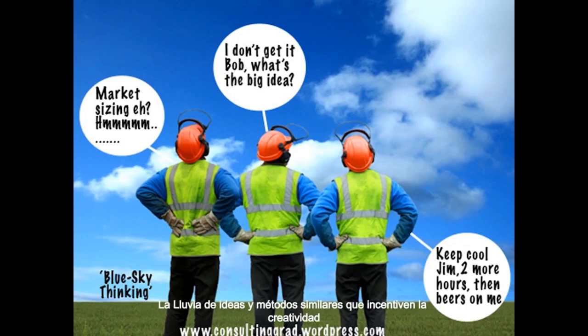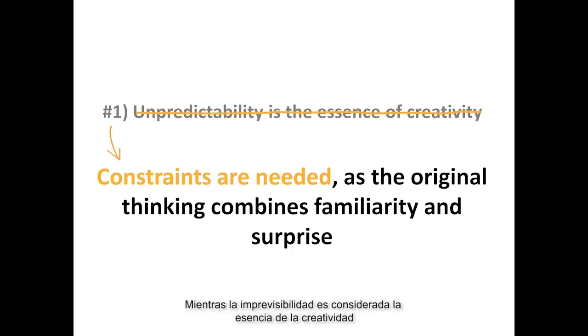Brainstorming and similar methods for encouraging creativity invest greatly in deferring judgment and accepting all ideas. You may have been exposed to this as part of your professional training. However, there are various advantages to constraining the thinking process. While unpredictability is considered to be the essence of creativity, constraints are needed because the origins of creative thinking combine familiarity and surprise.